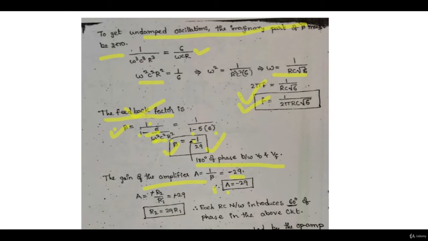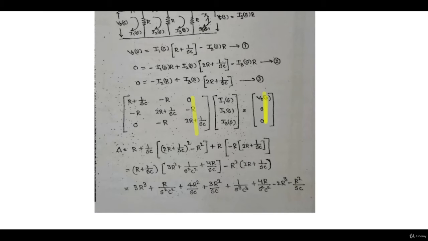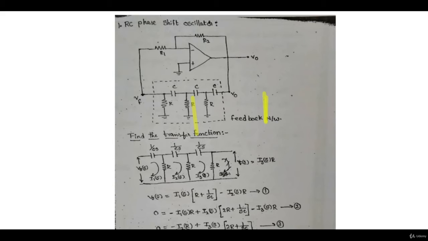Okay, now you have the circuit with you. The gain you can calculate from, where is the circuit? One minute. So here you can see the circuit. Okay, so gain you have now minus 29.